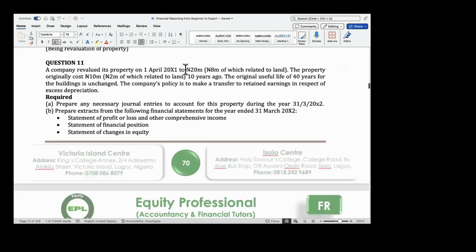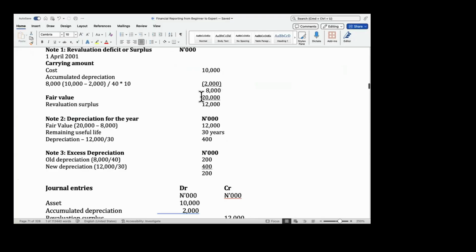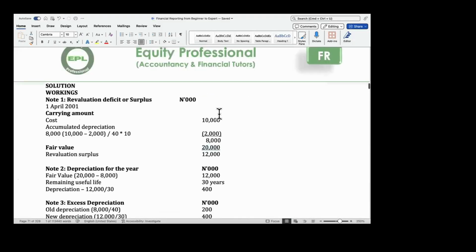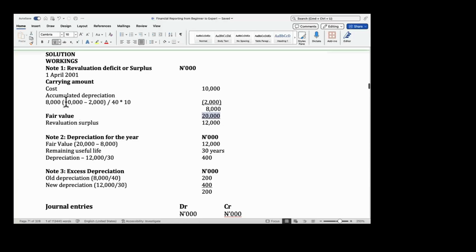So one of my students was confused. Why are we comparing this with 20 million? Are we not going to remove the cost of the land? Shouldn't this be 12 million? Didn't we remove the cost of the land here? Can anyone answer the student?